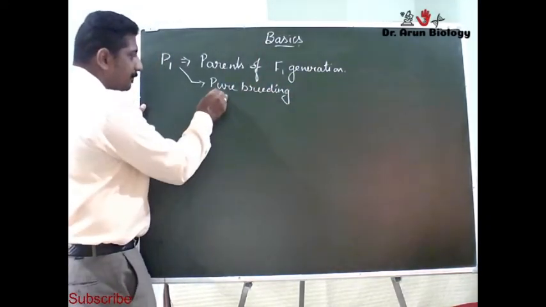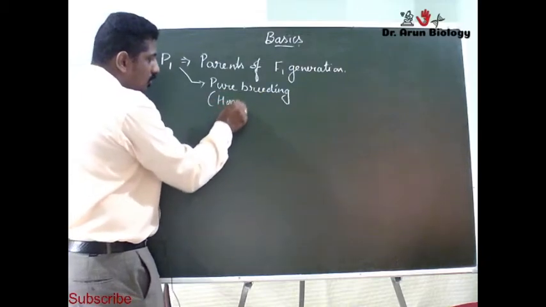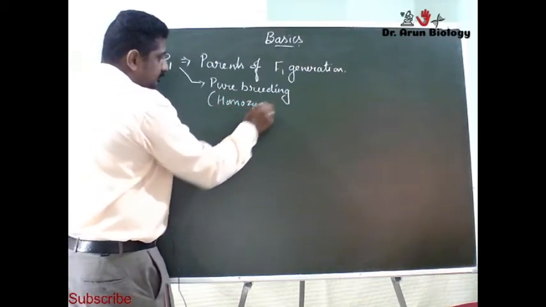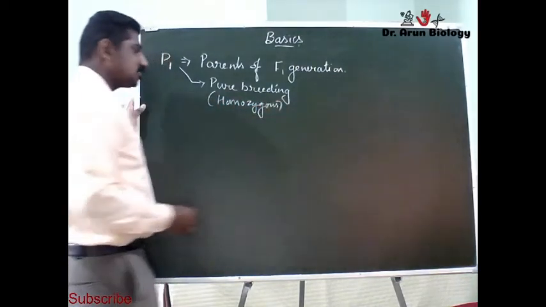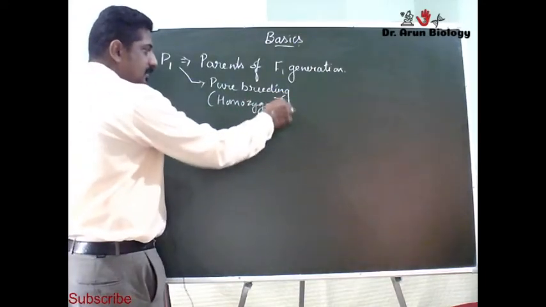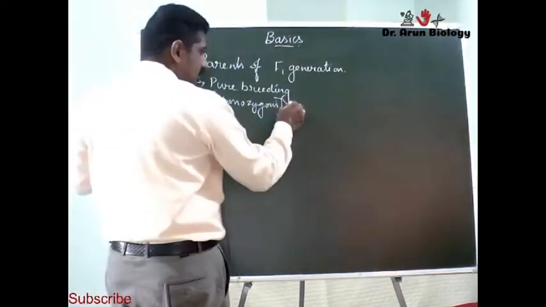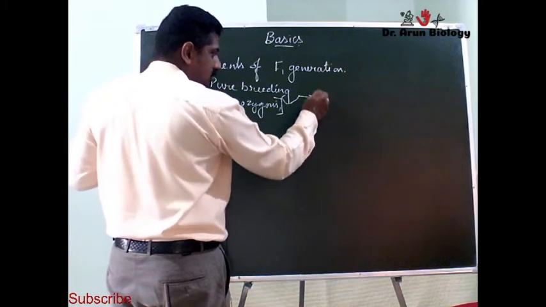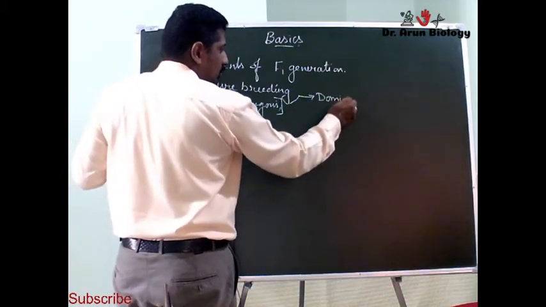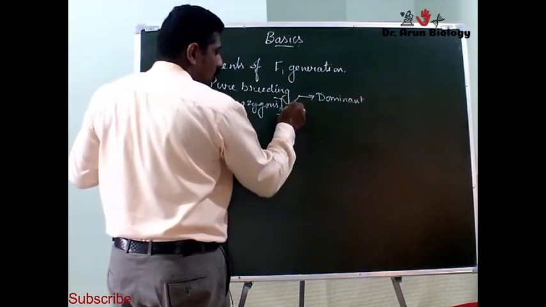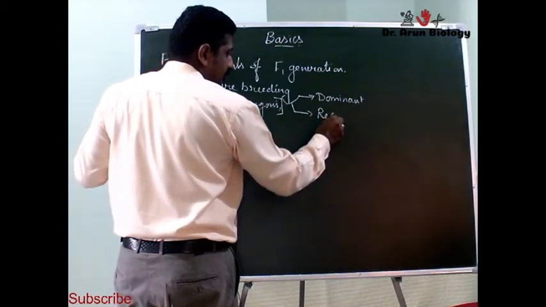The other name for pure breeding is homozygous. I'll tell you what is homozygous. They must be homozygous, where there are two types of homozygous: homozygous dominant and homozygous recessive.